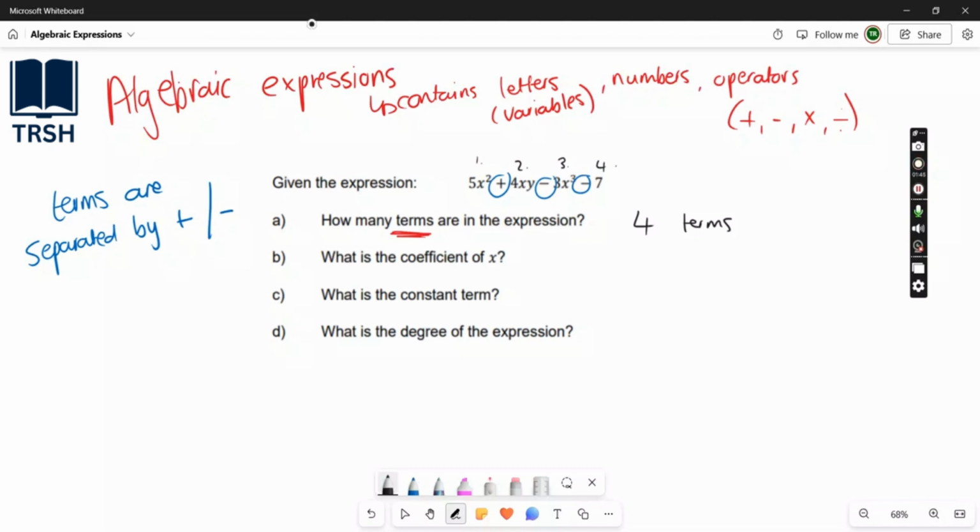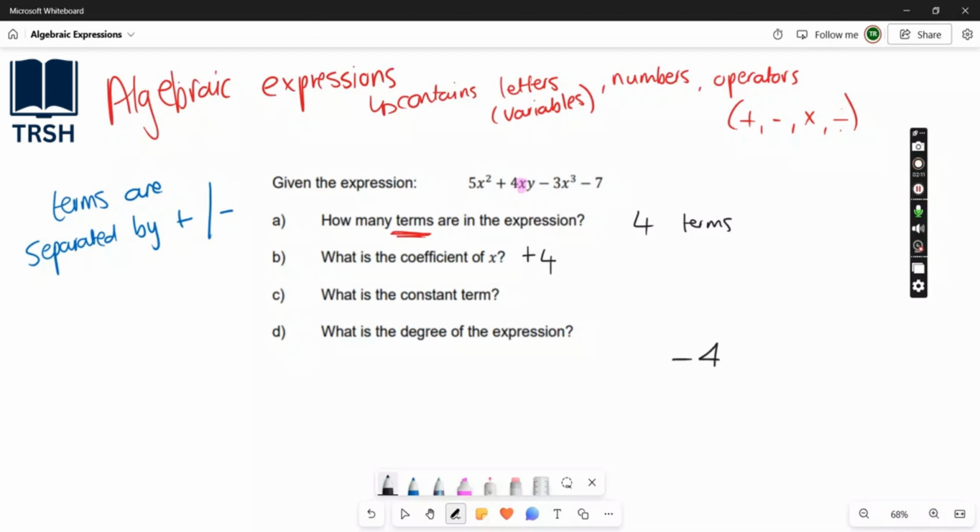Then they say, what is the coefficient of x? Whenever we're talking about a coefficient, it is the number that's in front of the variable. So we need to go to our expression and identify x. This is x squared, so that's not what they're looking for. This is x. That's what they're looking for. The coefficient of x is positive 4.